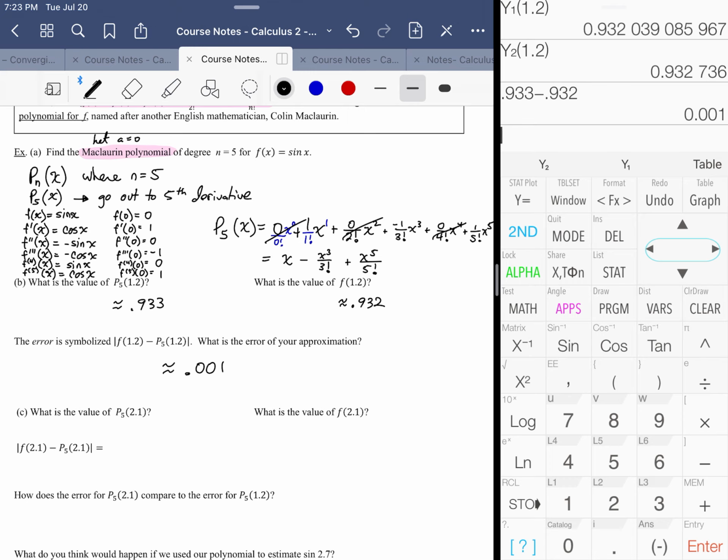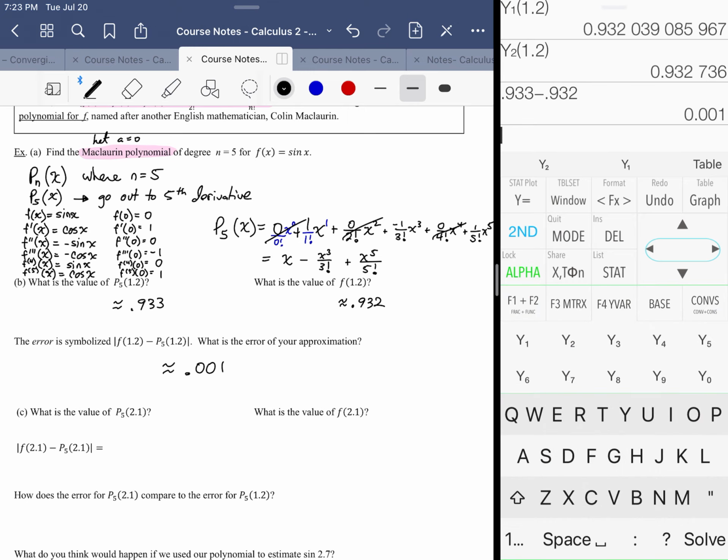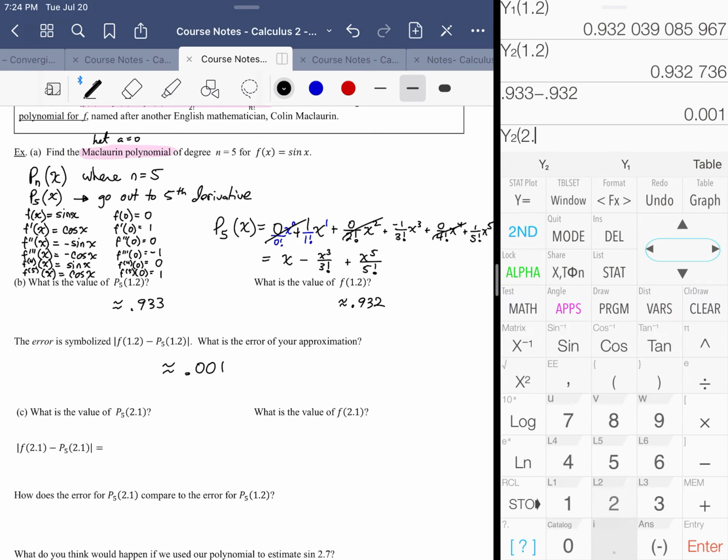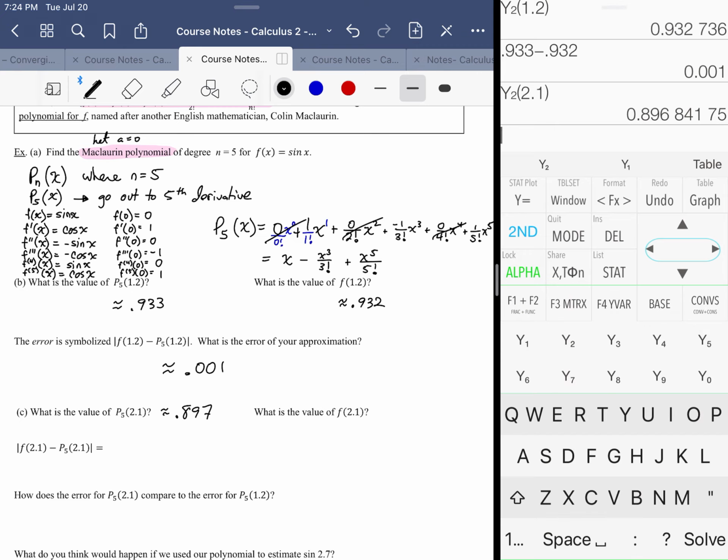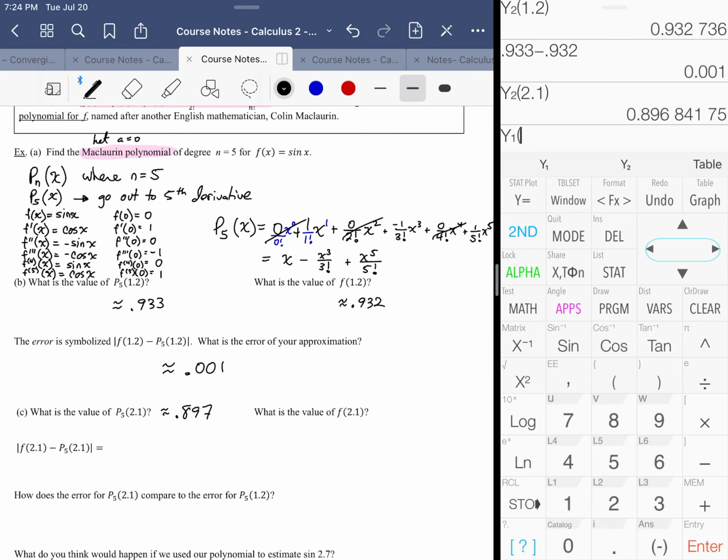All right. So let's see what happens when it's 2.1. So alpha trace, I'll do the y2 first this time. 2.1. We're looking at about 0.897. Alpha trace y1, again a 2.1, 0.863, so a little bit more of a deviation.